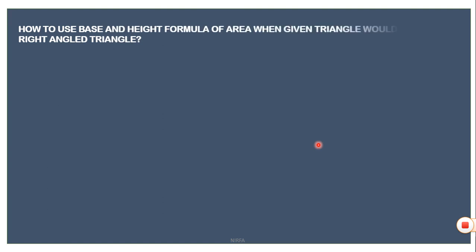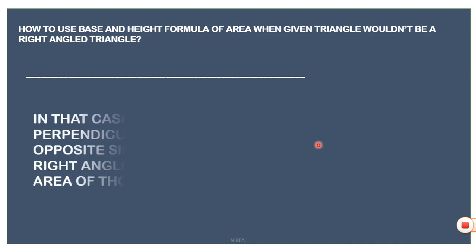So the next part is how to use the base height formula of the area of a triangle when the given triangle is not a right angle triangle. In this case, what is your opinion? Are you thinking something? What will be the answer to this question? Okay, think positively, and write in your notebook.